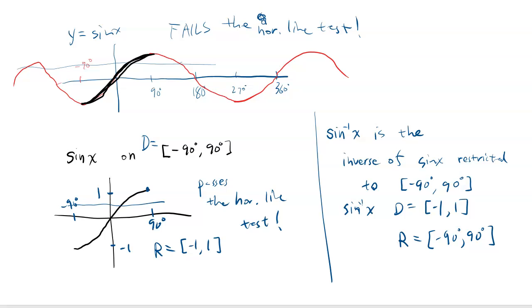Okay, now let's think about what this means. Well, it means that when you compose sine inverse and sine, they don't always cancel. If this angle is in this range, then you know that it's going to be this.